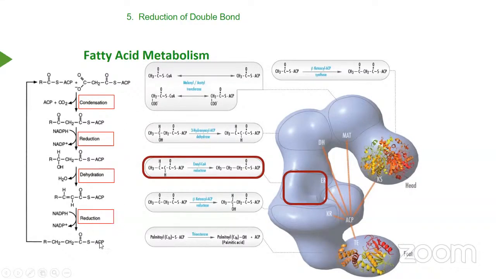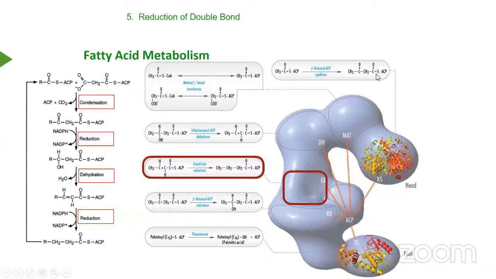So again another malonyl CoA will come, and that MAT will transfer that malonyl CoA to the ACP enzyme. Then after transfer, both the substrates will come in contact, and this condensation reaction will happen. After the condensation reaction, you will get this type of structure, meaning 2 carbonyl groups separated by CH2.